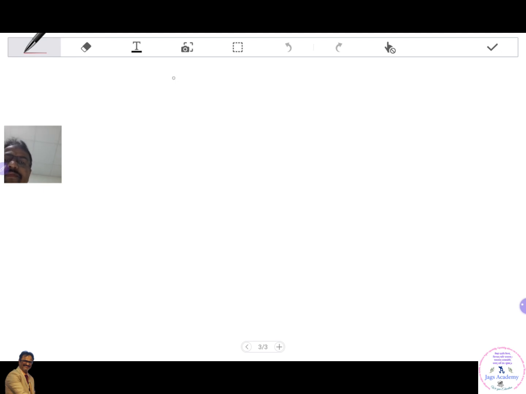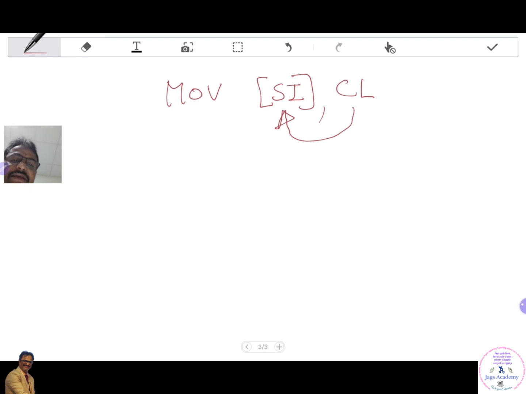The instruction is MOV [SI], CL. What it does is the content of the CL register is written into the memory whose address is available in the SI register.